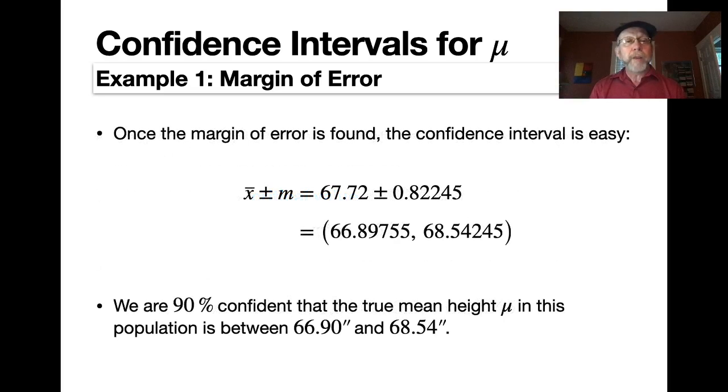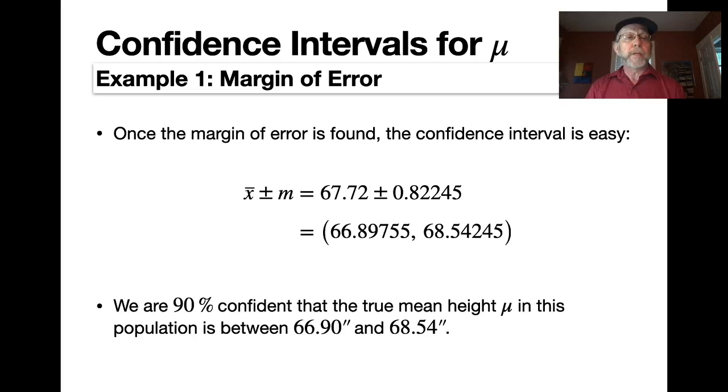So once the margin of error is found, finding the confidence interval is easy. It's just your sample mean plus or minus the margin of error. So our sample mean was 67.72, so we have 67.72 plus or minus 0.82245.